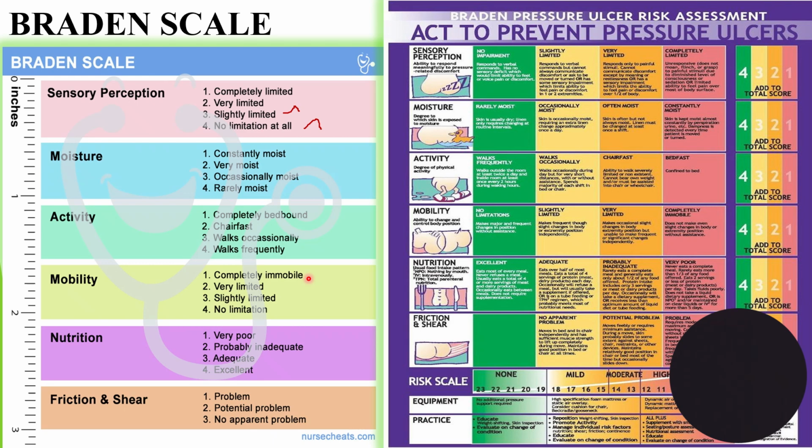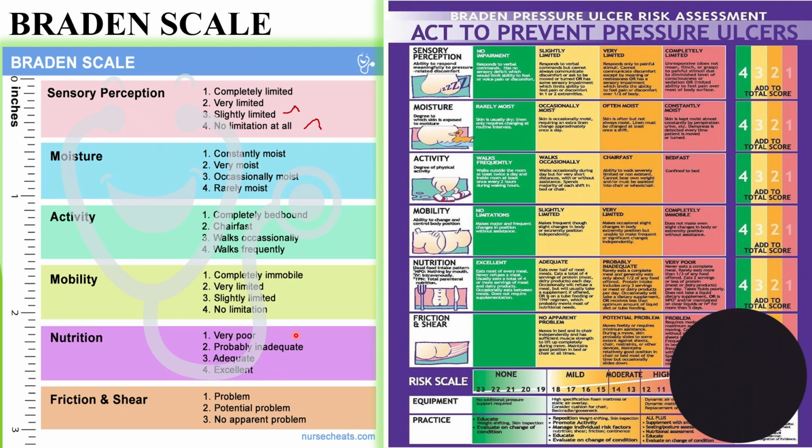No limitation means they make major and frequent changes in position without any assistance. So this comes under the component of mobility. Next we move on to the next component, that is nutrition. When you come to nutrition, we have very poor, probably inadequate, adequate, and excellent. Very poor, they cannot complete a meal.